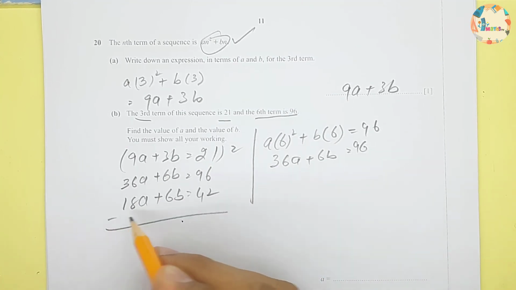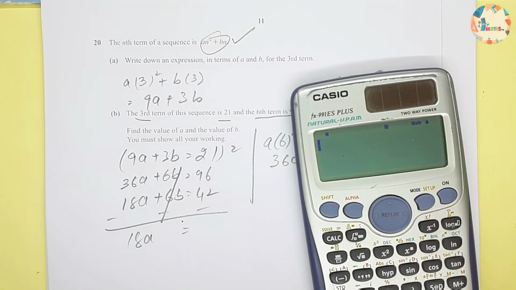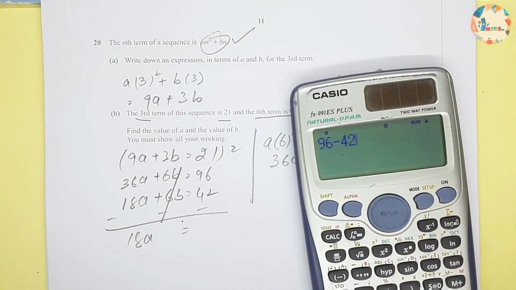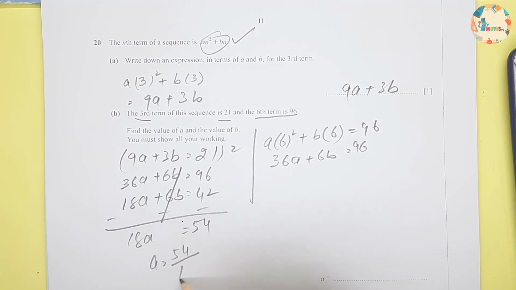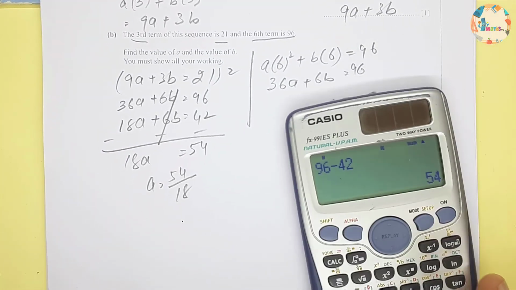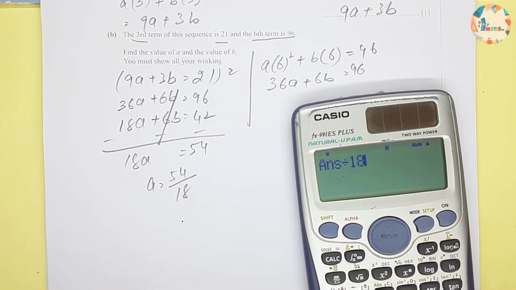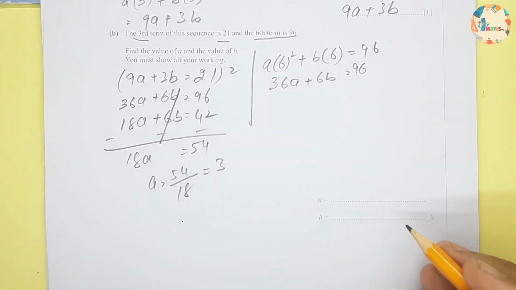Now we can subtract, and after subtraction the b will be cancelled. 36 minus 18 will be 18a is equal to 96 minus 42, which gives us 54. So a is equal to 54 over 18, which gives us 3, so a is equal to 3.